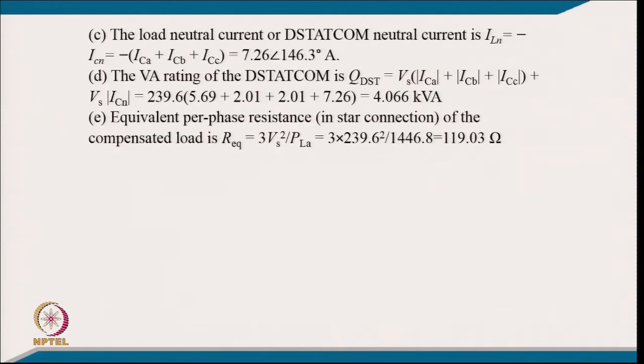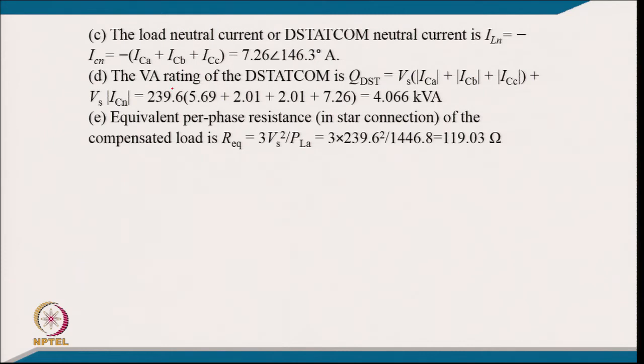Well, the load neutral current is the DSTATCOM neutral current, that is ILN equal to ICN. So, the sum of the 3 compensator currents comes to 7.26 at the angle of 146. So, that is the compensator current which is equivalent to the load neutral current, and the kVA rating of the DSTATCOM will be the sum of all 3 phases plus the neutral current leg of 4.